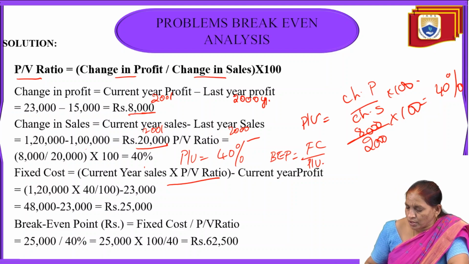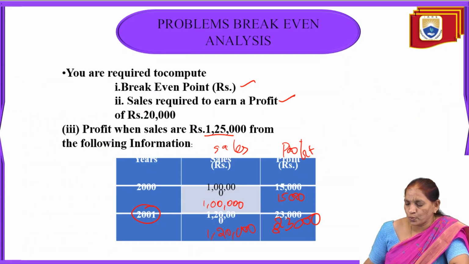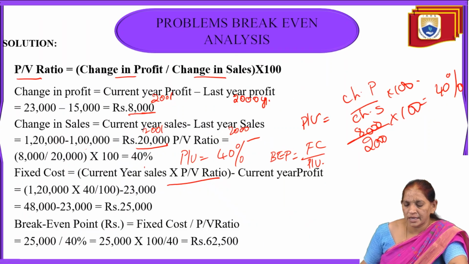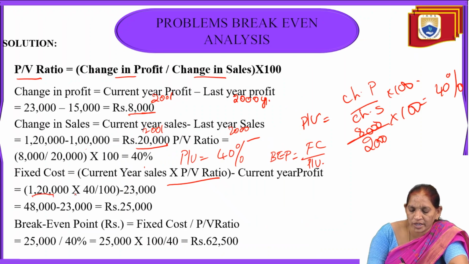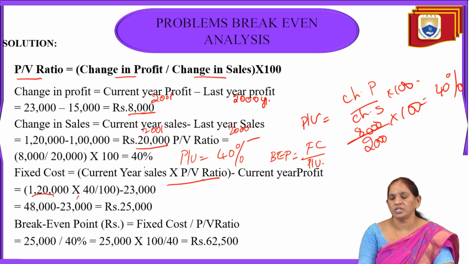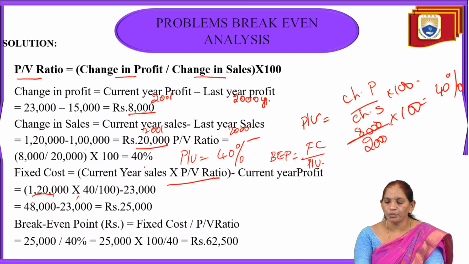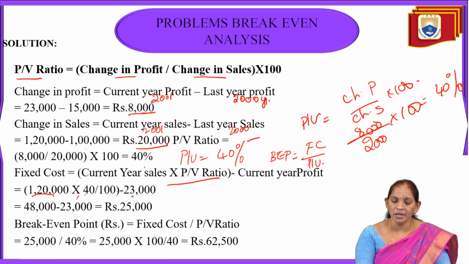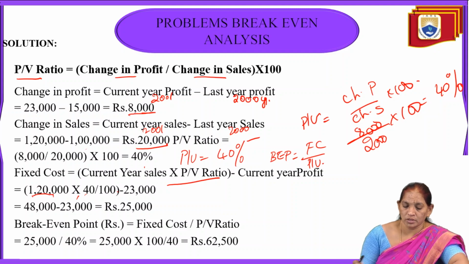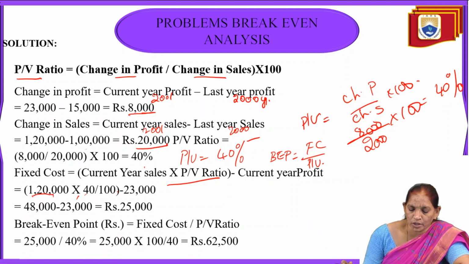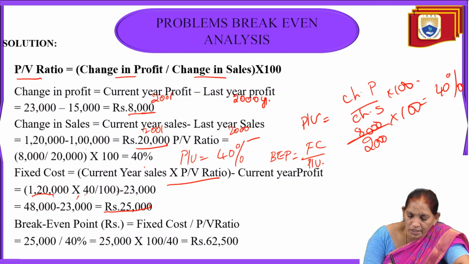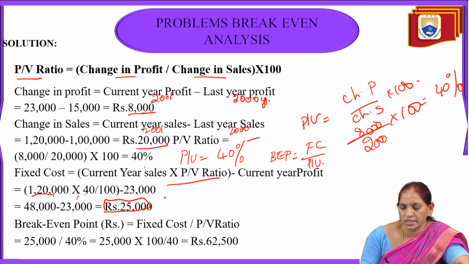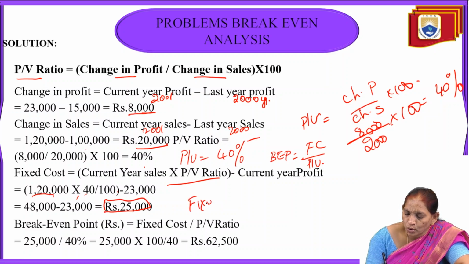The sales are 1,20,000 and the profit is 23,000. So 1,20,000 into 40 by 100, minus 23,000: 48,000 minus 23,000, we are getting 25,000 as the fixed cost.